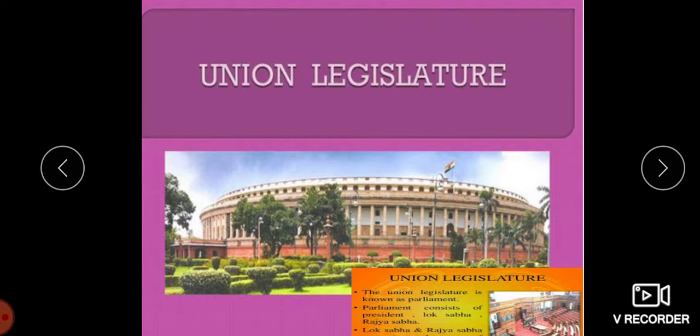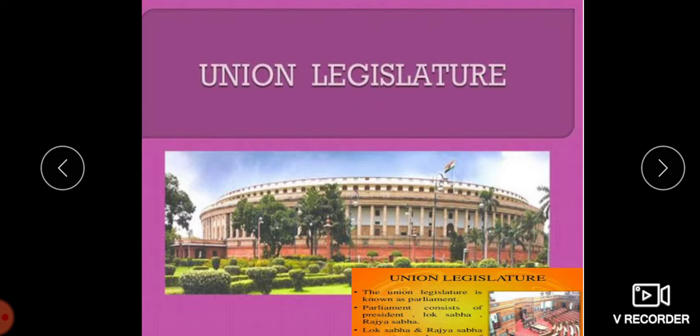On the other hand, both the central and the state governments draw their authority from the same constitution. India has opted for a federal system of government, though with a strong unitary bias.